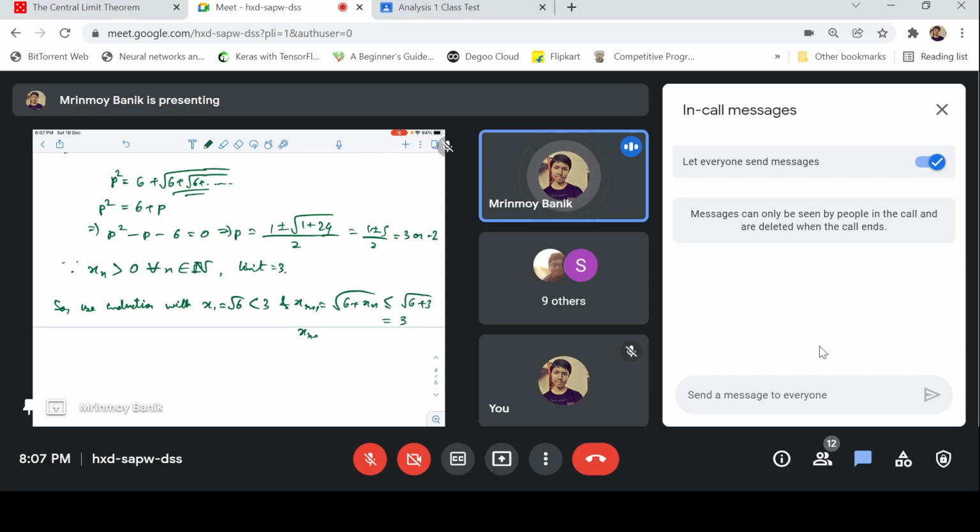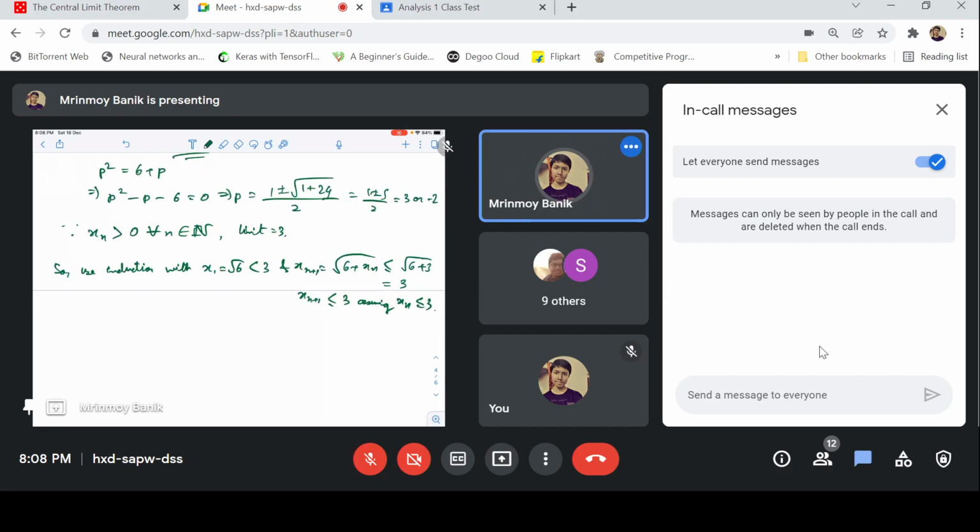So x_{n+1} is less than or equal to 3, assuming x_n is less than or equal to 3. Hence all of them are less than or equal to 3. Therefore x_n is bounded above.